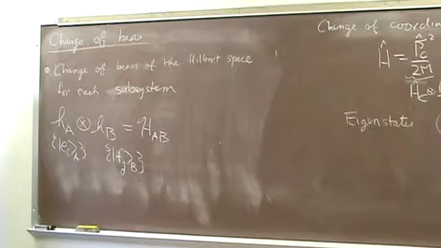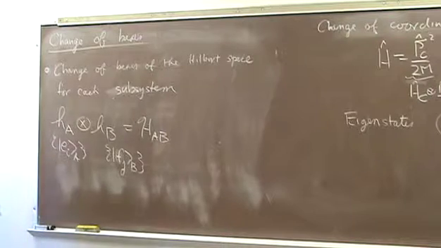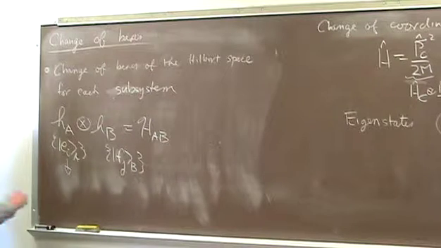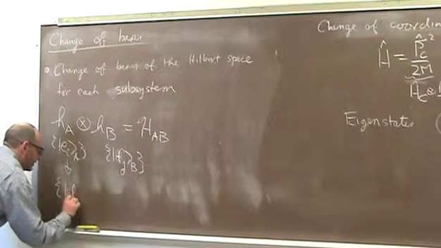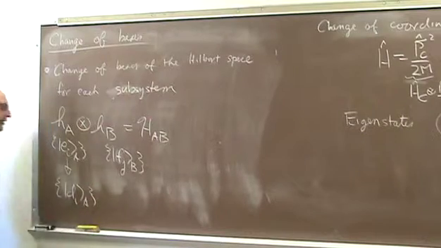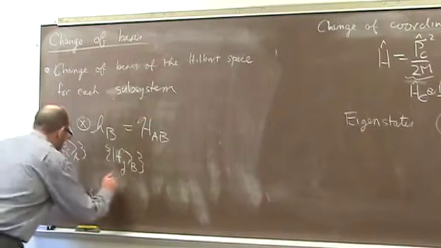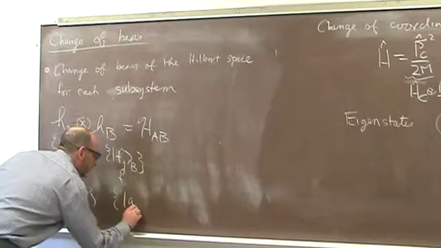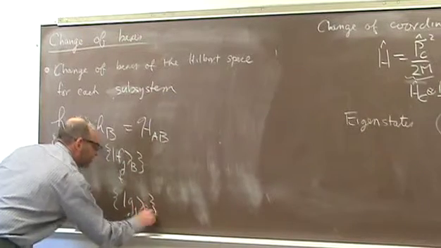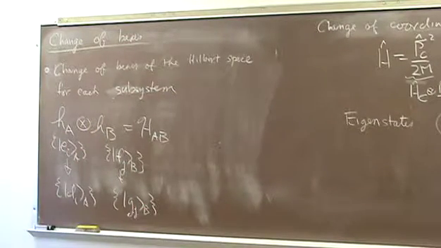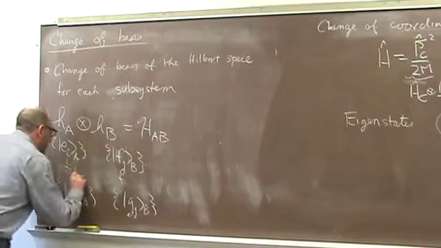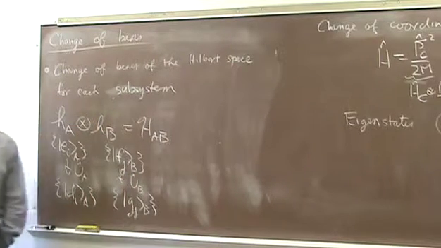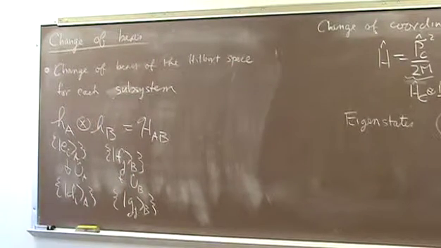But in principle, I can change basis. And one way I could do that is just let's look at a different orthonormal basis for subsystem A, and one for subsystem B. I could do that. And there is a unitary transformation that achieves that change of basis, right?